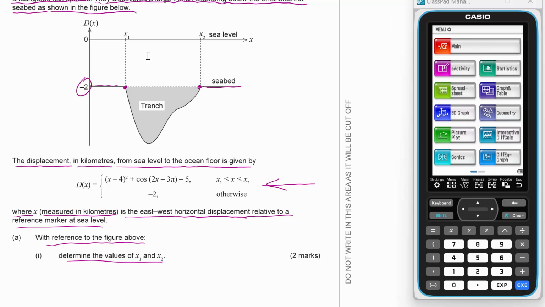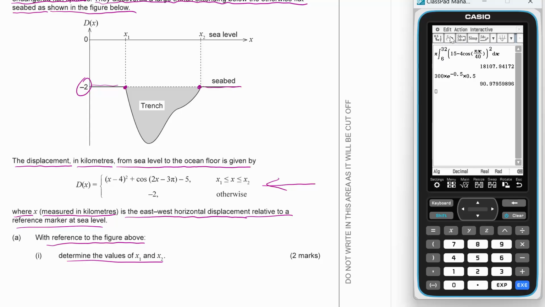So we can do that just by solving on the ClassPad. Let's clear all. Since we've got trig involved here, we need to be in radians, which we are. And so we can go for a solve, and we'll put in the function.